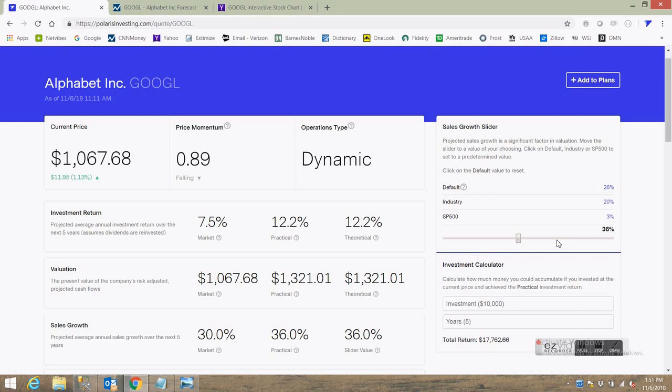If it pulls that off, you, as the investor, if you were to go in at today's price of 1,067, could be making 12.2% year over year, compared to the cost of capital, or the risk rate of return, of around 7.5%. That seems like a reasonable trade-off, and so concluding that Google at its current price is a prospect.